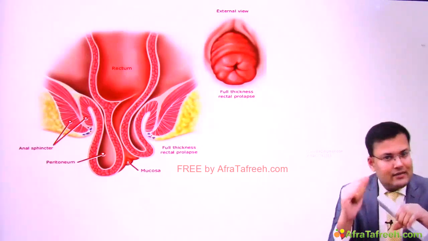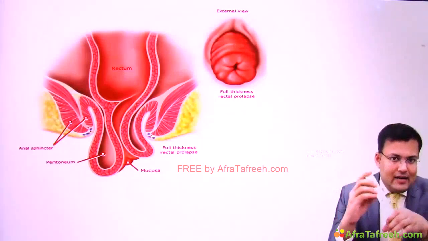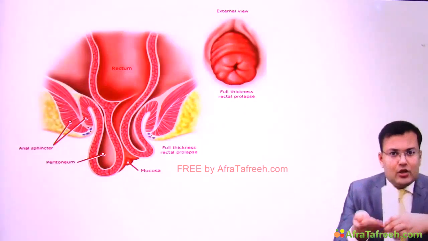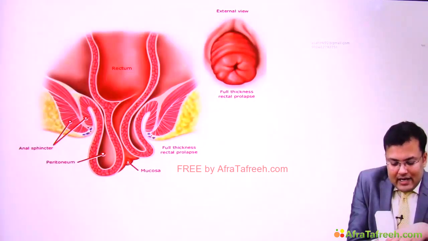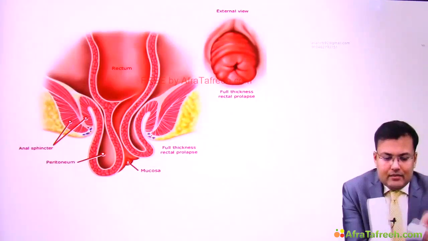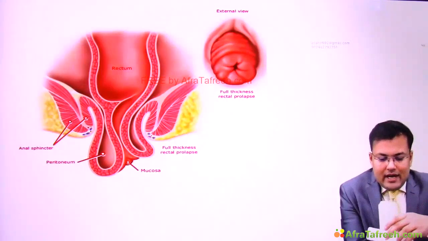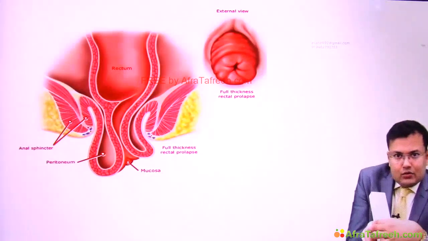How can we manage? It's very easy. Since this rectum is mobile and redundant, you can fix it. Posteriorly there is the sacrum, and anteriorly the rectum. I'm using the mesh, can you see? This mesh is sutured around the rectum and fixed to the sacrum.